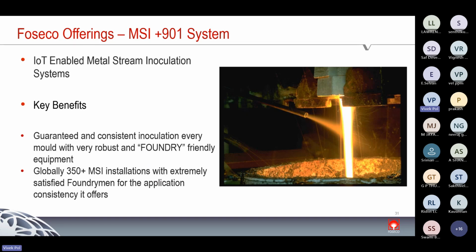So inoculation is a product, but what if a good product is not applied in the right way? And that's why Foseco has come with an application of inoculant, particularly metal stream inoculation, which is like 0.2 to 0.7, and which we used to apply at the last stage, just before mold filling.